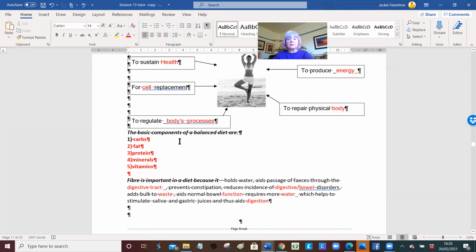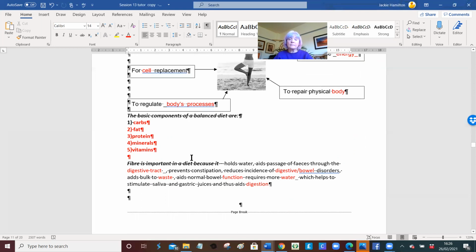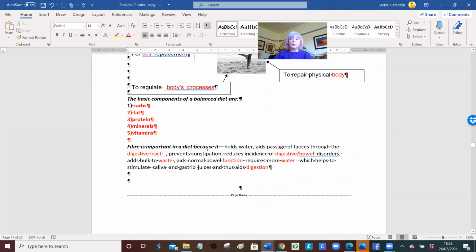So the basic components of a balanced diet: we've got carbs, fat, protein, minerals, and vitamins. And fiber is important because it holds water and it aids the passage of faeces through the digestive tract, through the colon.